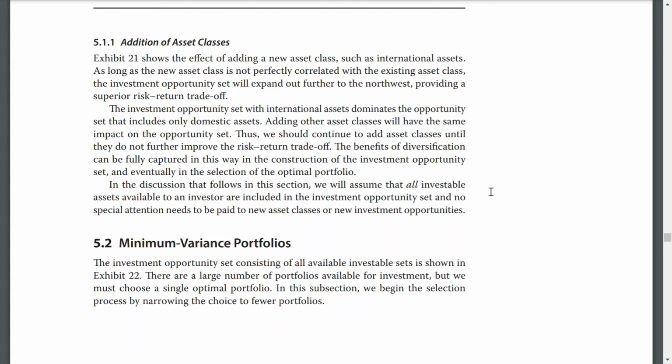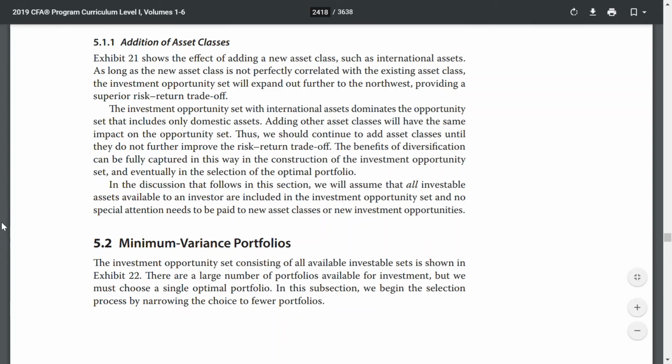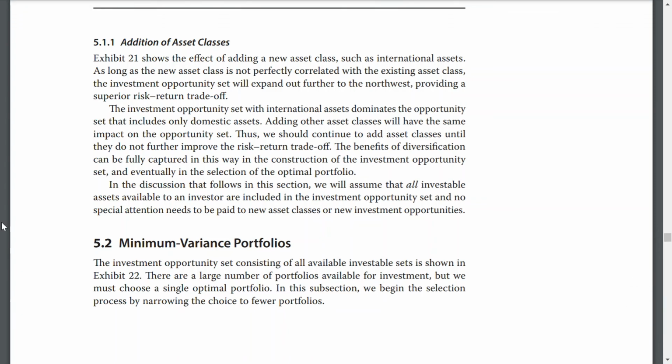The investment opportunity set with international assets dominates the opportunity set that includes only domestic assets. Adding other asset classes will have the same impact on our opportunity set. Thus, we should continue to add asset classes until they do not further improve the risk-return trade-off. The benefit of diversification can be fully captured.